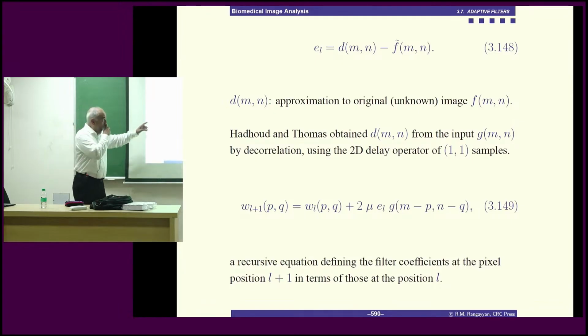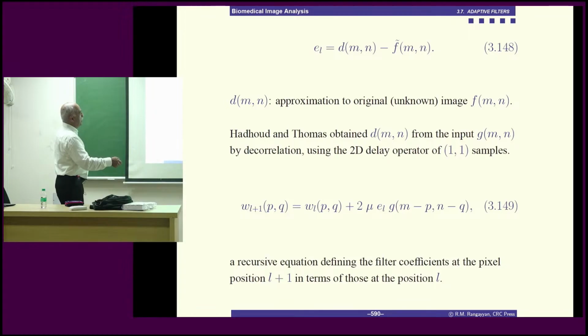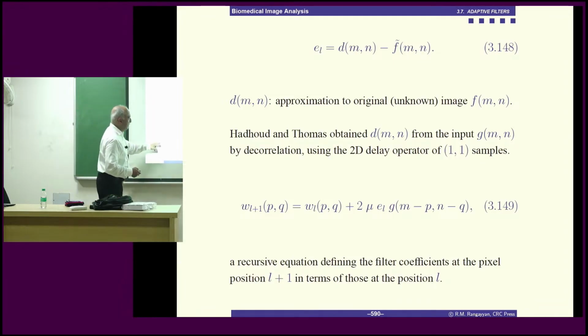But that's the assumption made. So w_{L+1}(p,q) is the previous filter plus 2 mu times this error times g(m-p, n-q). So that's the model. It's a recursive equation defining the filter coefficients at pixel location L plus 1, the new location, with reference to the previous one.